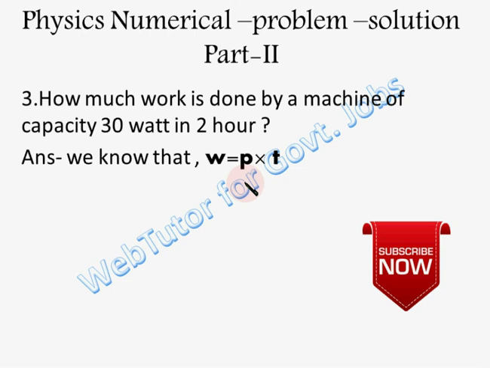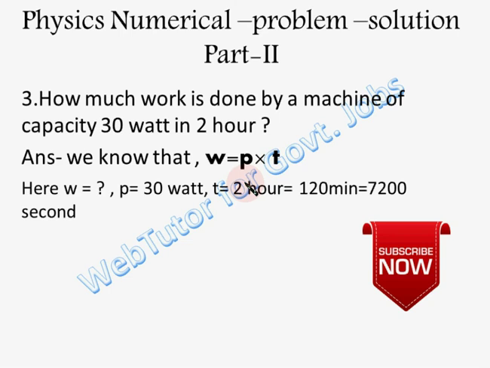Because they have given a machine of capacity 30 watt. Now, what is the unit of which quantity? It's power. P is equal to 30 watt here. Power is equal to 30 watt and time given is 2 hour.